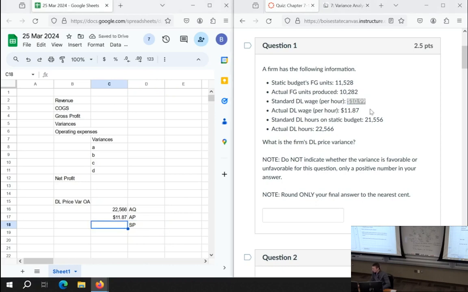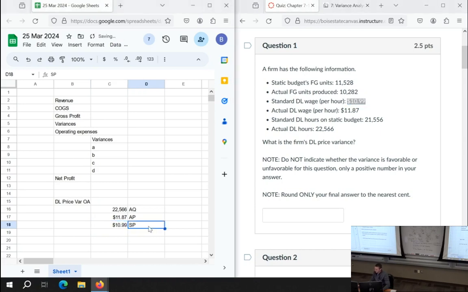Did I copy it? I don't recall if I copied it. Do we need any more data points? Don't we have all three? That's all we need. All right. That's pretty cool.